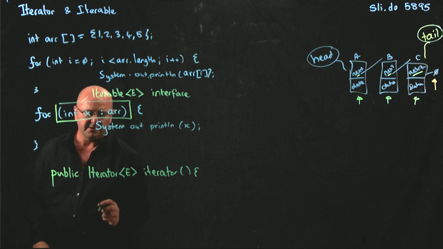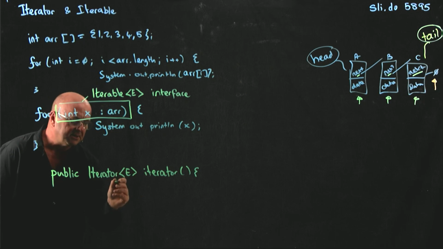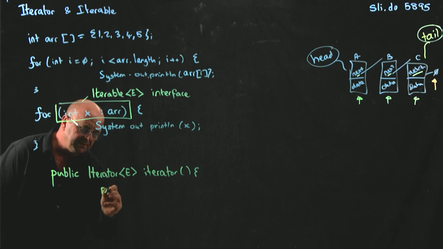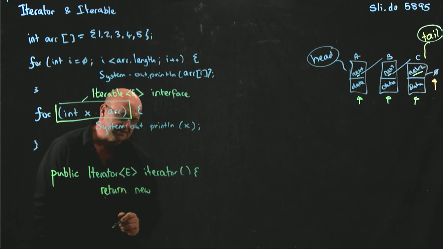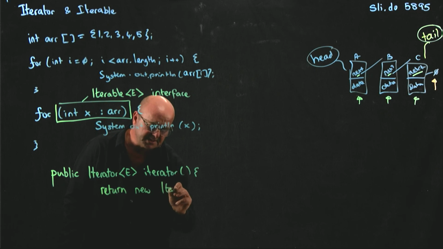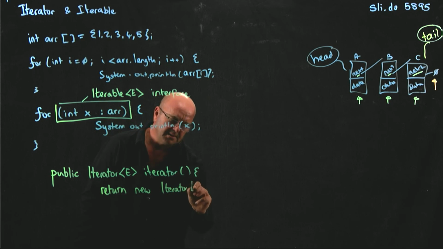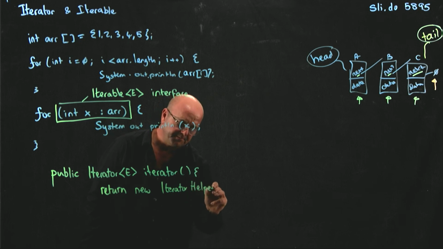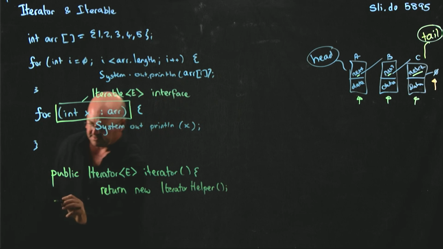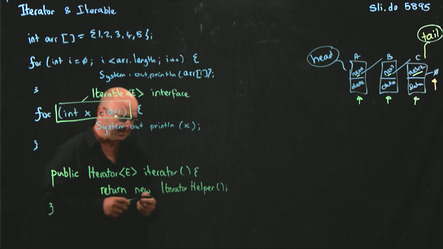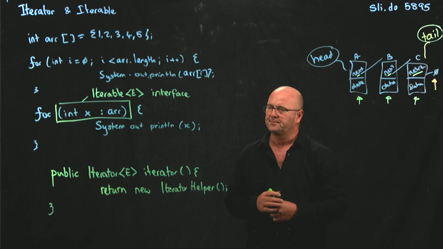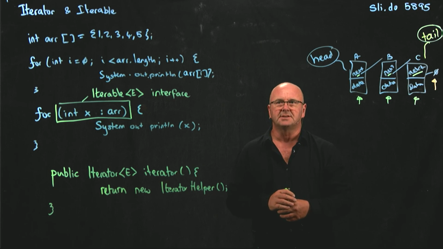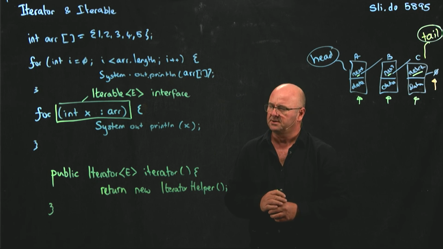So in your iterator code in the linked list, all you need to do is return a new instance of IteratorHelper. We're just going to return a new instance of IteratorHelper.